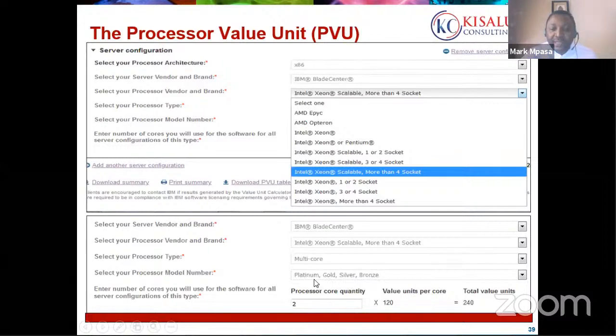And we are saying that in our target machine, where we want to run the IBM software, we will need to use 2 processors, LPAR or so. And for this Xeon multi-core platinum, the value that IBM says it has is 120 value units per core. Meaning if we want to license the software for this system, we will need to license 240 units.